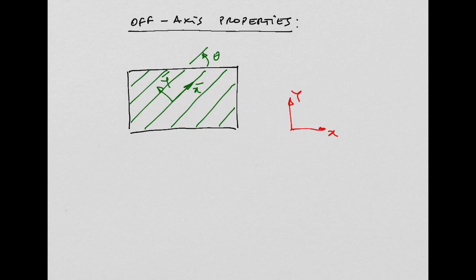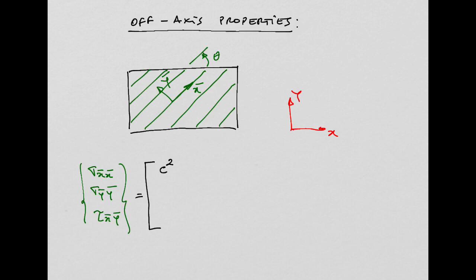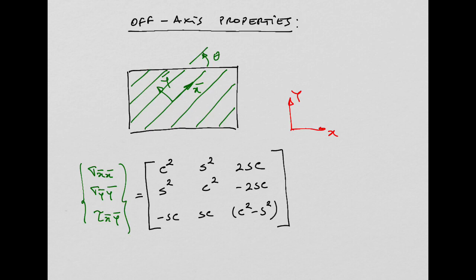And we concluded that in order to get my stresses in this x bar, y bar coordinate axis, so these are the stresses I'm looking for, this one's in green in this coordinate system, what we concluded was this can be obtained from this transformation matrix: cosine square of theta, sine square, 2 times sine cosine, cosine square, minus 2 times sine cosine, minus sine cosine here, sine cosine, and then here cosine square minus sine square. Okay?